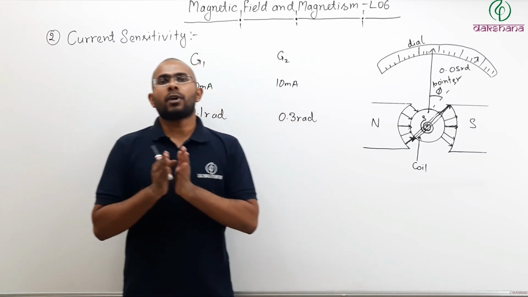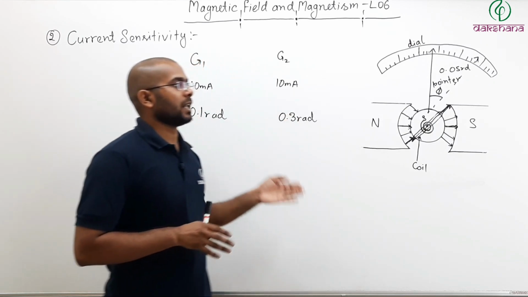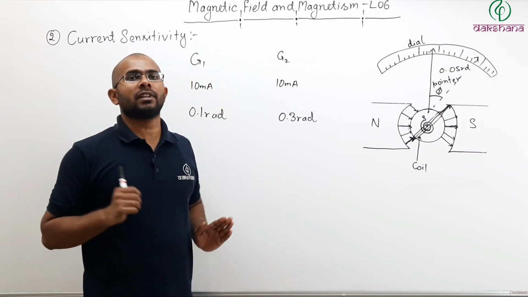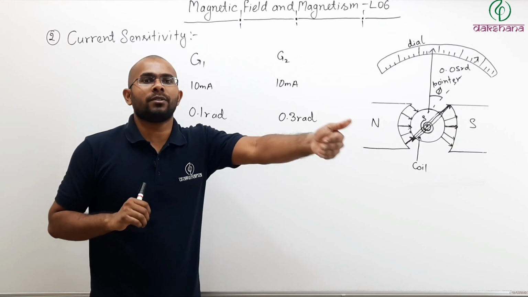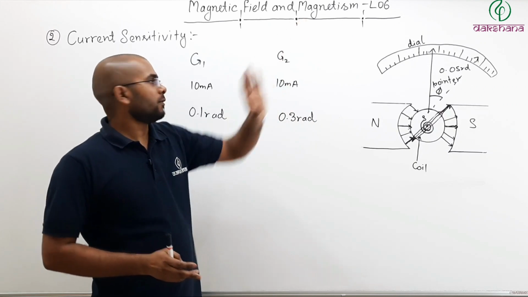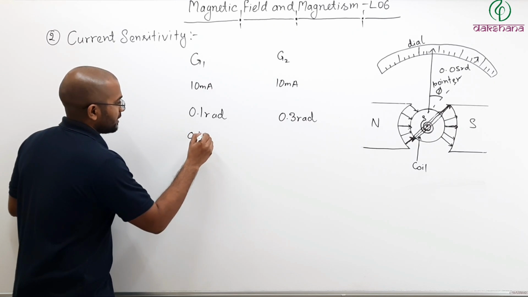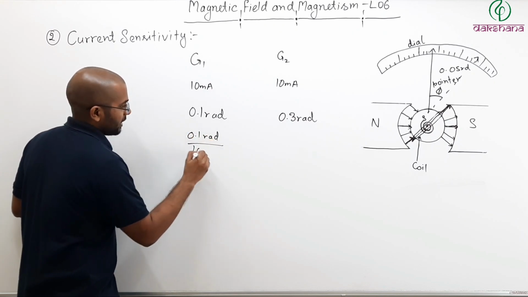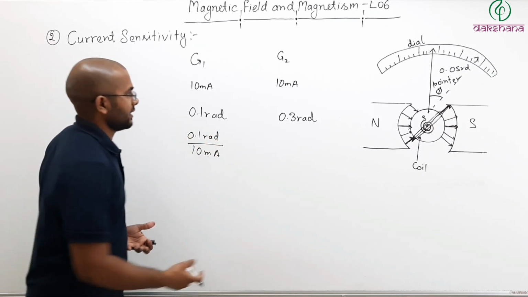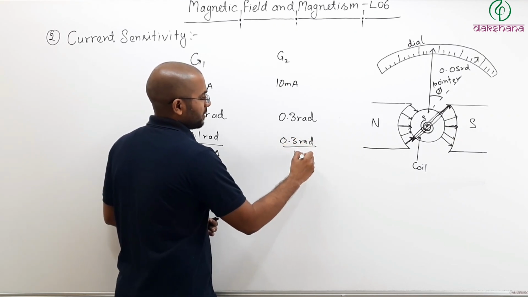So what is the sensitivity of your galvanometer? Sensitivity of a galvanometer can be said as nothing but how much deflection it will show for a given amount of current. So the first galvanometer is showing 0.1 radian per 10 milliampere. So angle deflected per unit current. Here 0.3 radian per 10 milliampere.